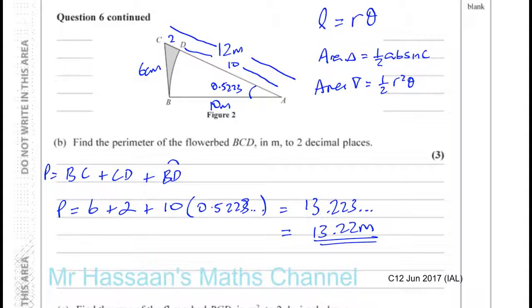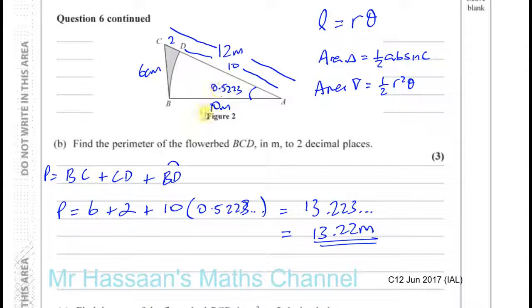So first of all, area of the triangle is a half times 10 times 12 times the sine of this angle between them. We don't use the 6 here. We always use the sides which make that angle, that we know. And the side from A to C is what we need, not from A to D, because A to C is a side of the triangle.